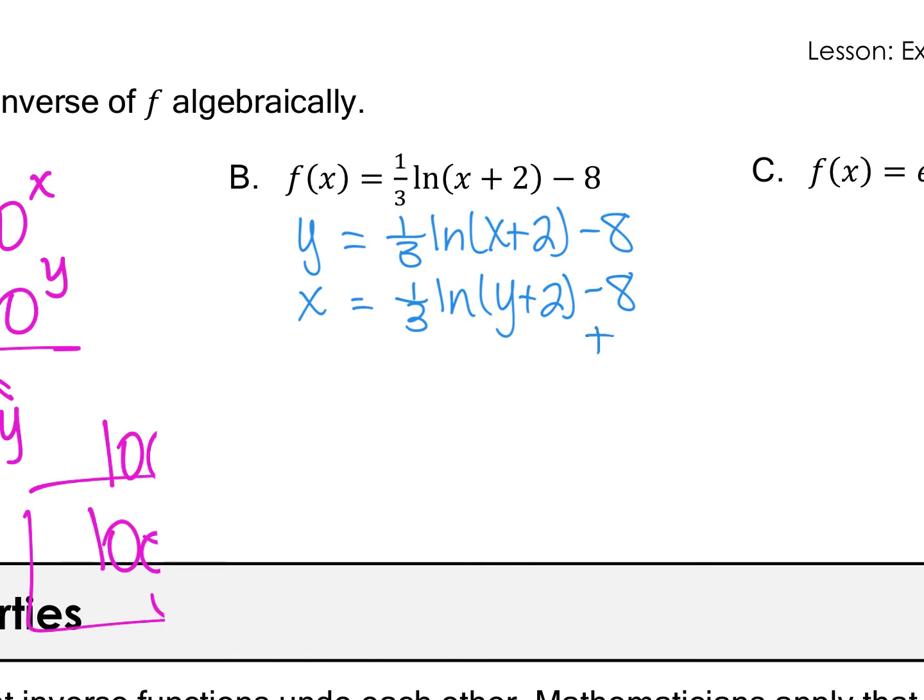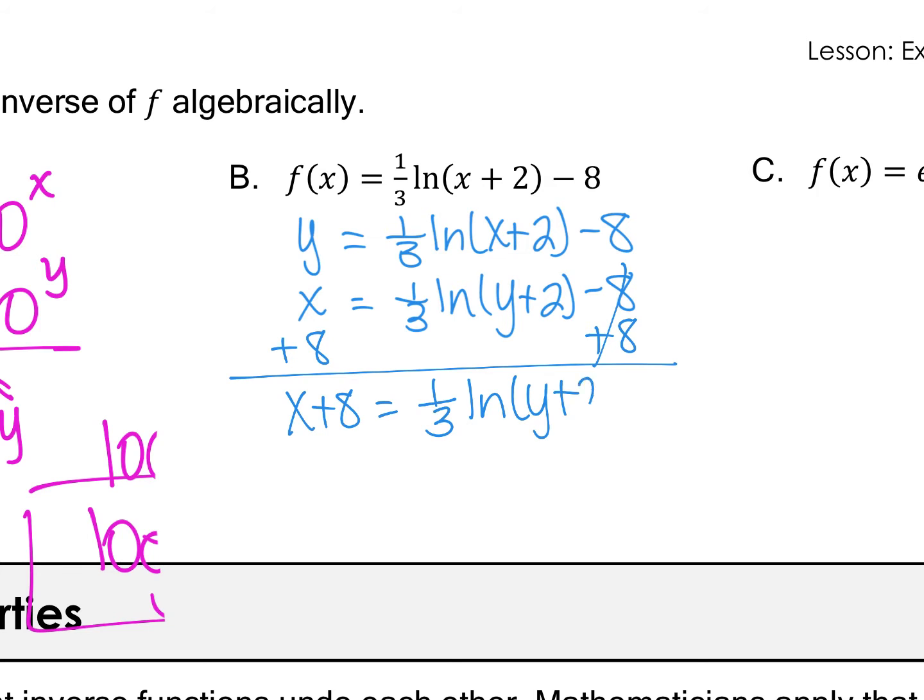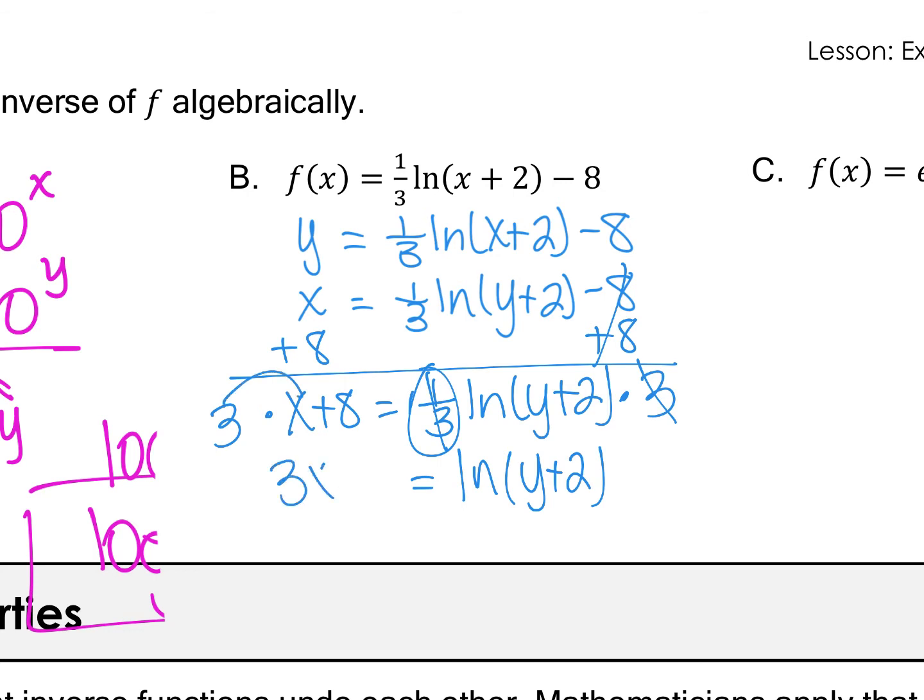So I first want to add 8. I also want to get rid of this by multiplying both sides by 3. When I distribute that, that's going to be 3x plus 24.